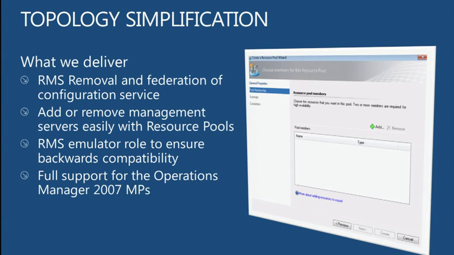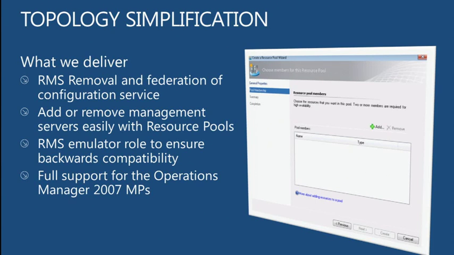So what we're doing in 2012 is the services that provided those functions, we're federating them across all the management servers, and we're moving some of that logic down to the database. That allows us to provide a scale-out architecture across our management servers. With the topology simplification, people who have written management packs in the past may have targeted certain workflows to the RMS.